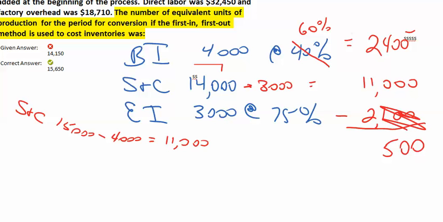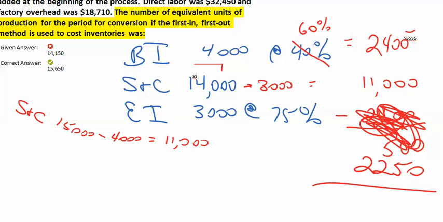It won't let me erase. I'm having a hard time here with my eraser. So I'll just scribble all over it and we'll rewrite it. 3,000 times 75 is 2250.